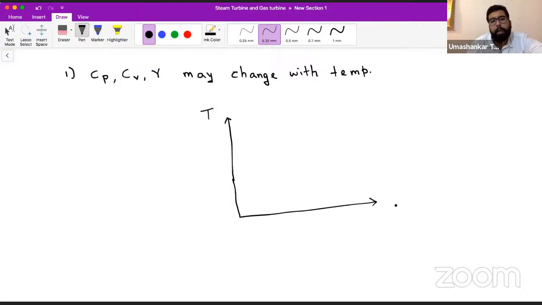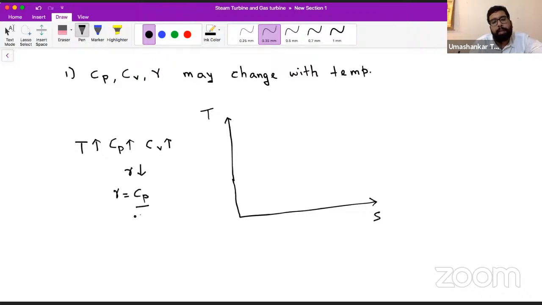Firstly, from classical thermodynamics, we must have this understanding: with the increase of temperature, Cp increases. With the increase of temperature, Cv also increases, but gamma decreases, because gamma is nothing but the ratio of Cp by Cv.